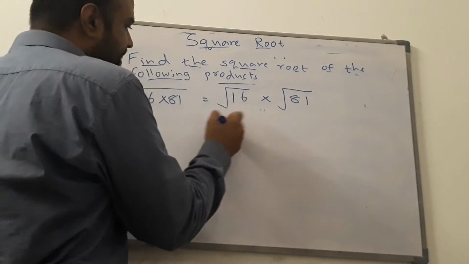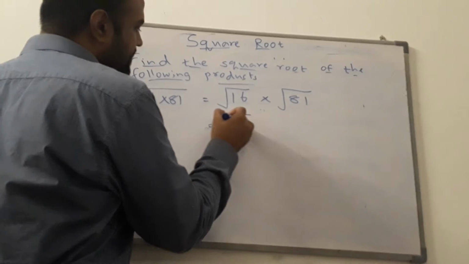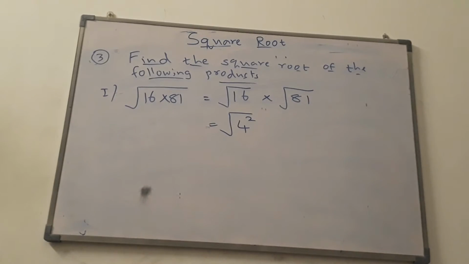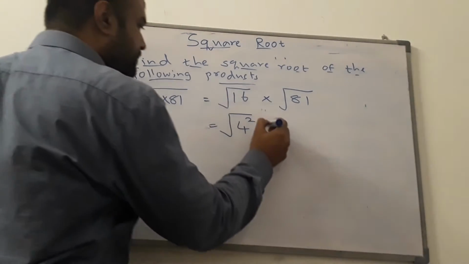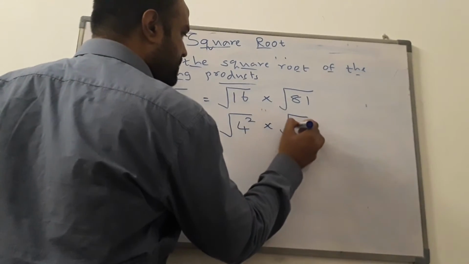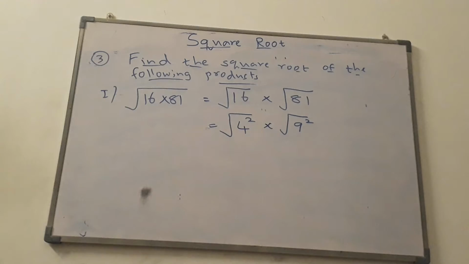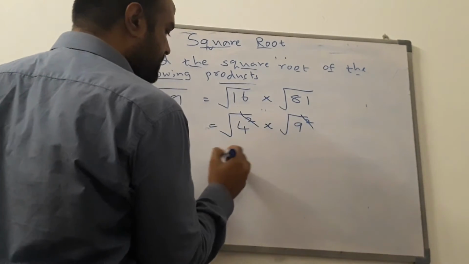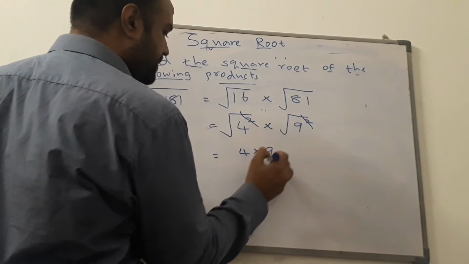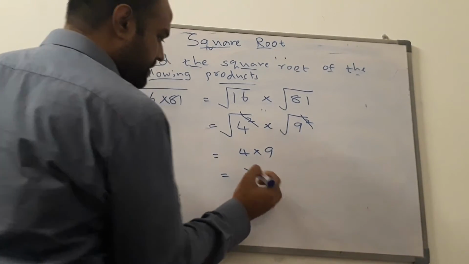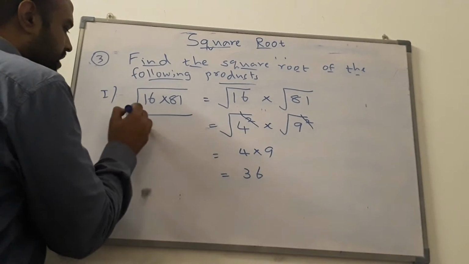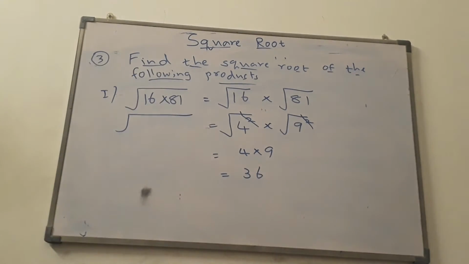Now we can find the square root. 16 means 4 squared, and 81 means 9 squared. So root and square get cancelled. It would be 4 times 9. Hence it is 36.